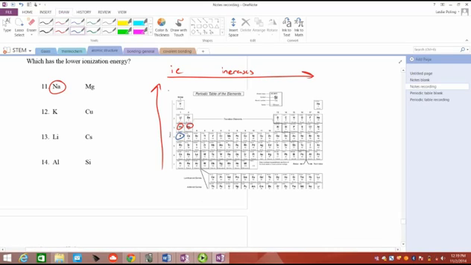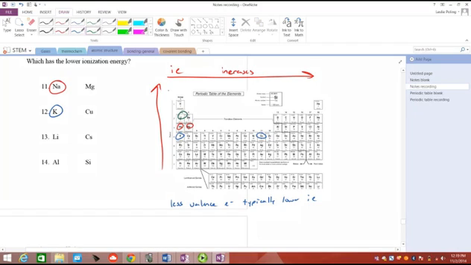Look at K and Cu. K would have a lower ionization energy. Less valence electrons. Typically lower ionization energy.